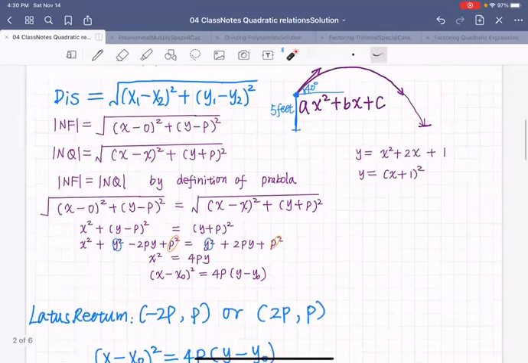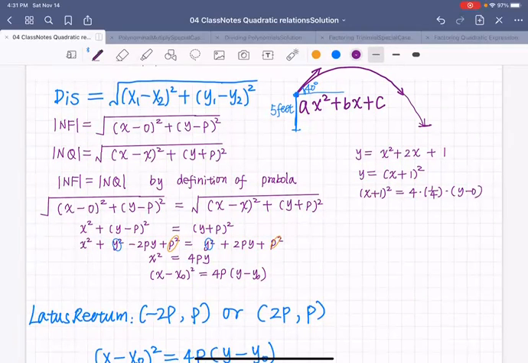You could shift it to an x0, y0 location. In this way, you can change this to x plus 1 squared equals 4 times 1 over 4 times y minus 0.